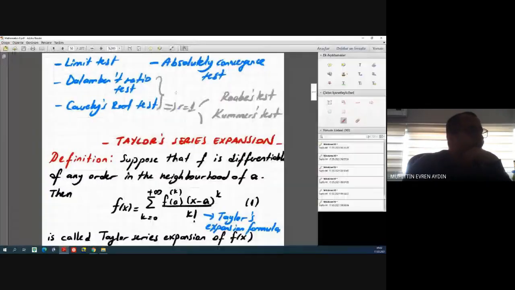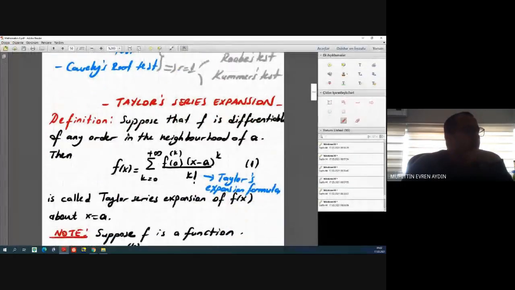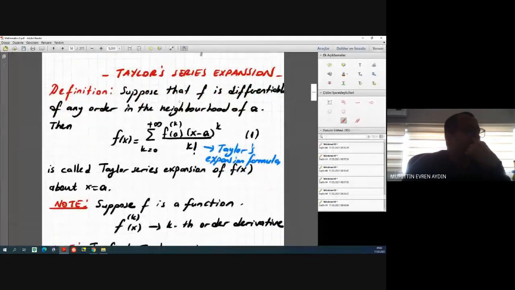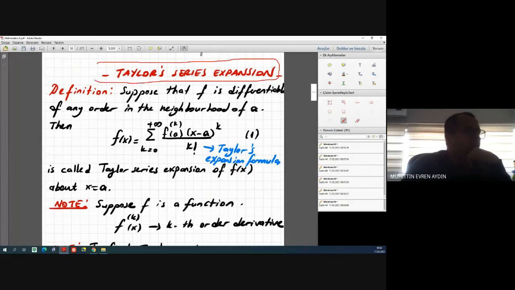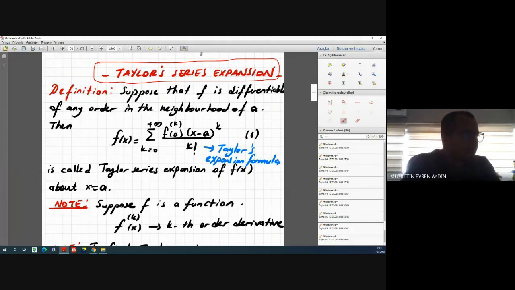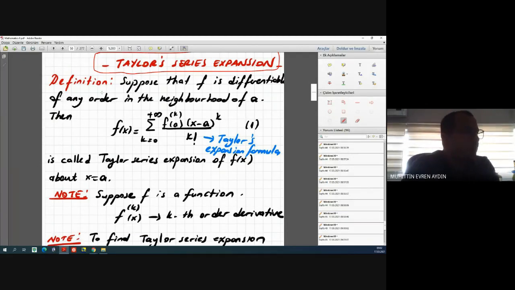So we may start a subsection called Taylor's series expansion. Okay, let's start with its definition.